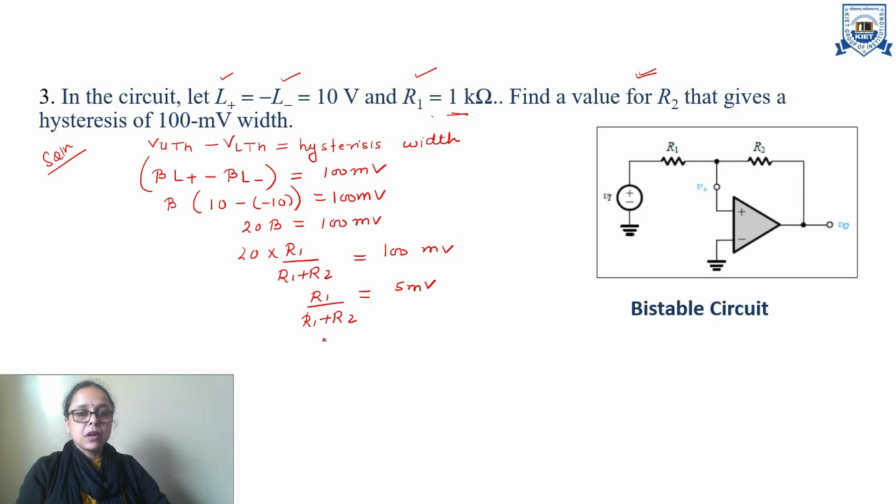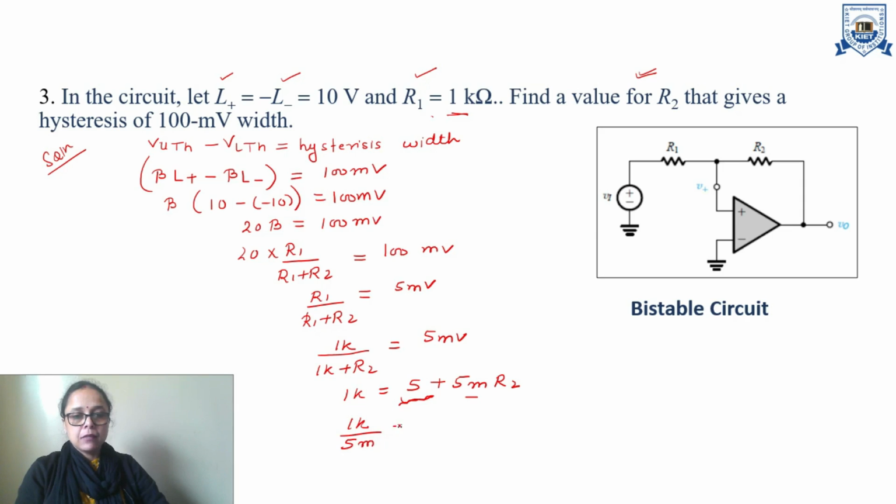Now put R1 as 1 kilo ohm, so 1k divided by 1k plus R2 is 5 millivolts. Now the 1k term can be neglected with respect to R2, so 1k divided by 5 millivolts gives you the value of R2. So R2 will be 200 kilo ohms.